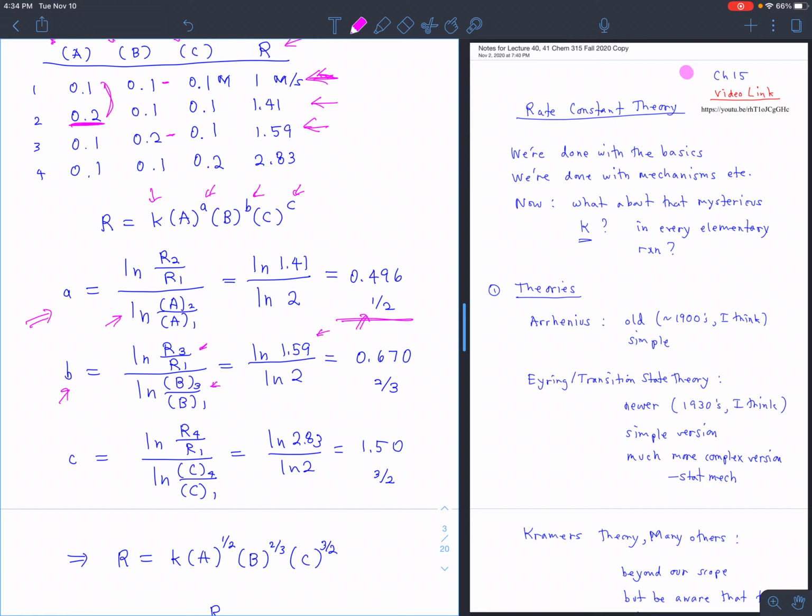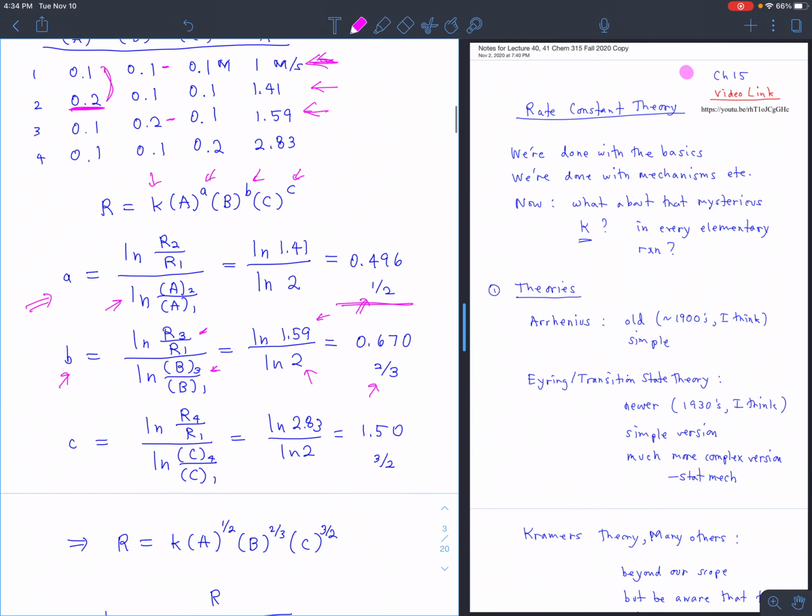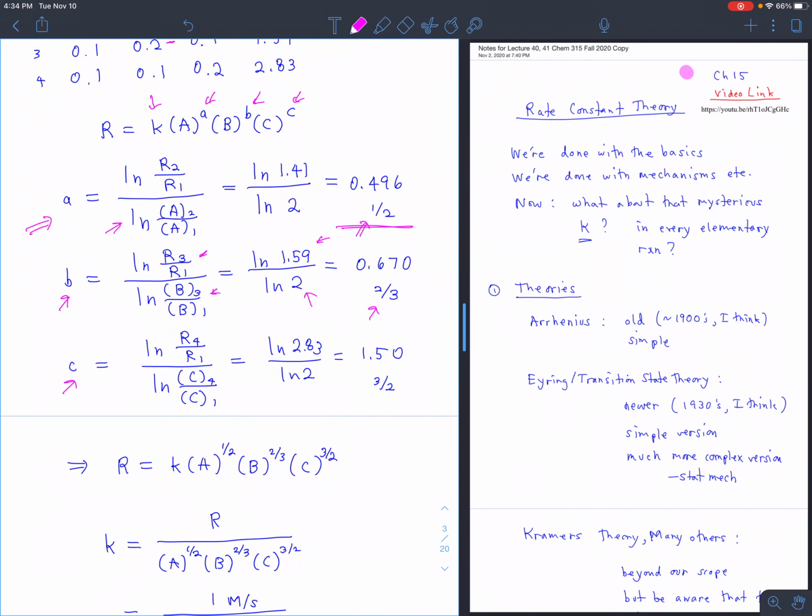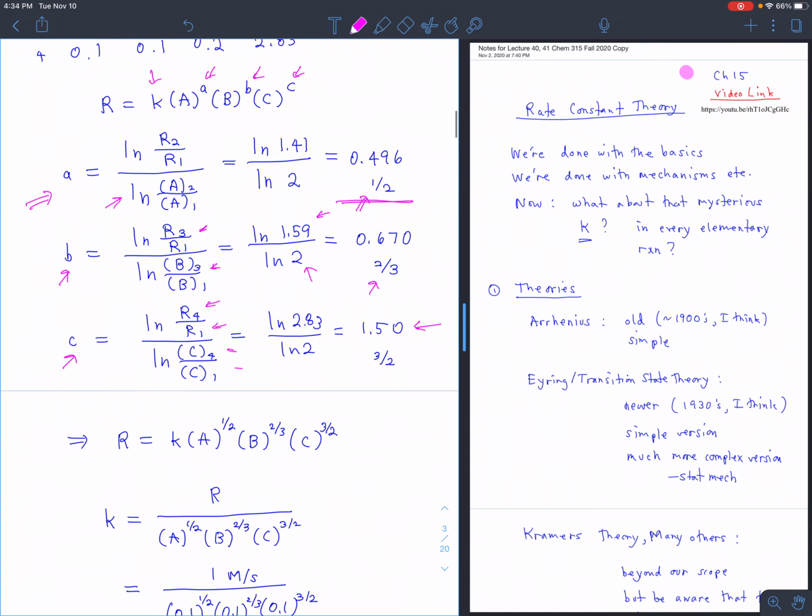That's log of 1.59 over log of 2, and that's 0.67, which is about 2/3. And likewise for C, it's row 4 over row 1 for both rate and concentration, and that gives a power or C exponent or order of about 3/2.